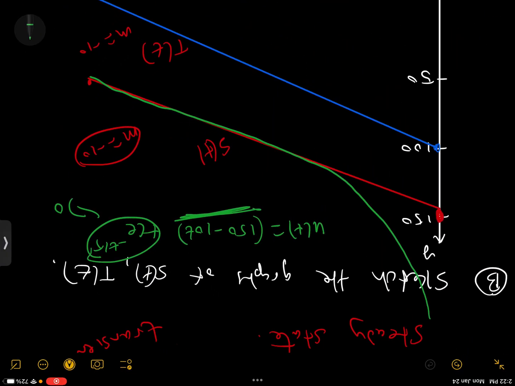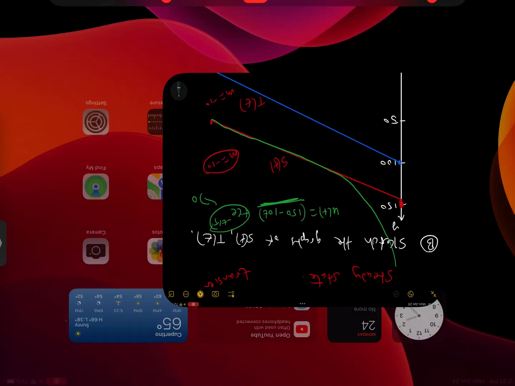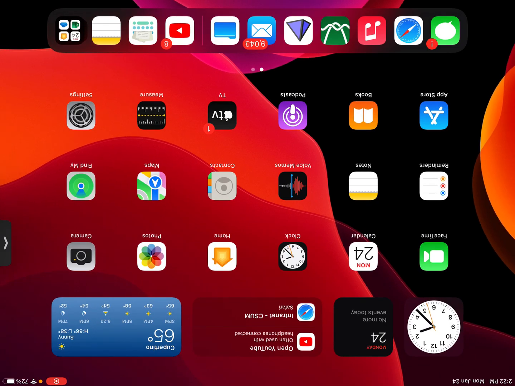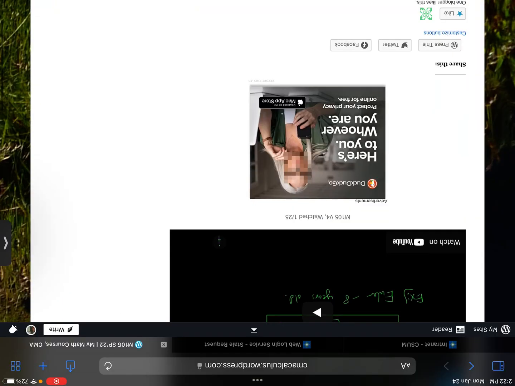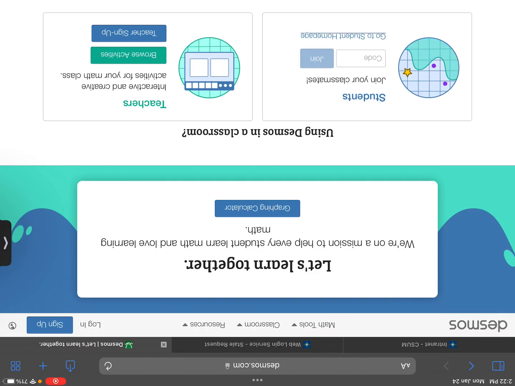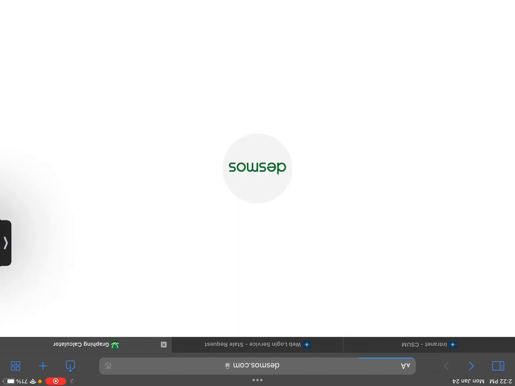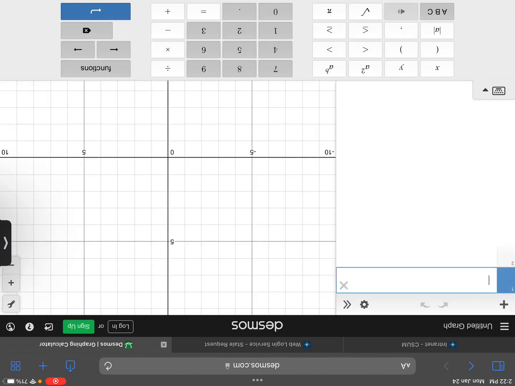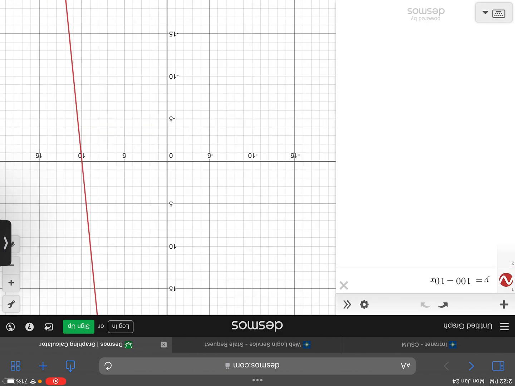So let's have a look. Graphing calculator. So here is 100 minus 10x. That's y.